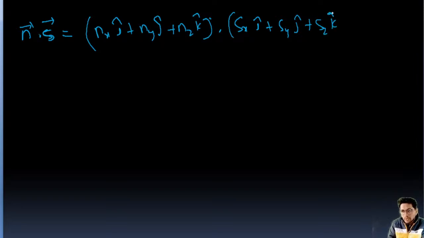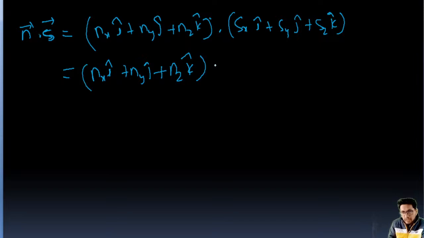Now we'll put the value. So this is going to be nx i cap plus ny j cap plus nz k cap, right? And the value of sx, sy we know. So this is going to be 0, h cut by 2, h cut by 2, 0.